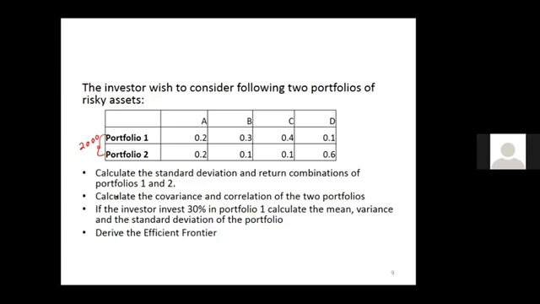Then second, calculate the covariance and correlation of the two portfolios. We can calculate the covariance value and the correlation coefficient of the two portfolios using some tools in Excel.